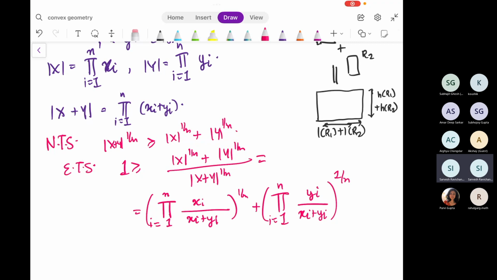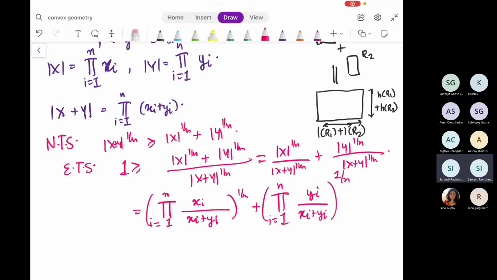So I have actually written this as Lebesgue measure of x to the 1 by n by Lebesgue measure of x plus y to the 1 by n, plus Lebesgue measure of y to the 1 by n upon Lebesgue measure of x plus y to the 1 by n. And then the next line follows as a consequence of that.